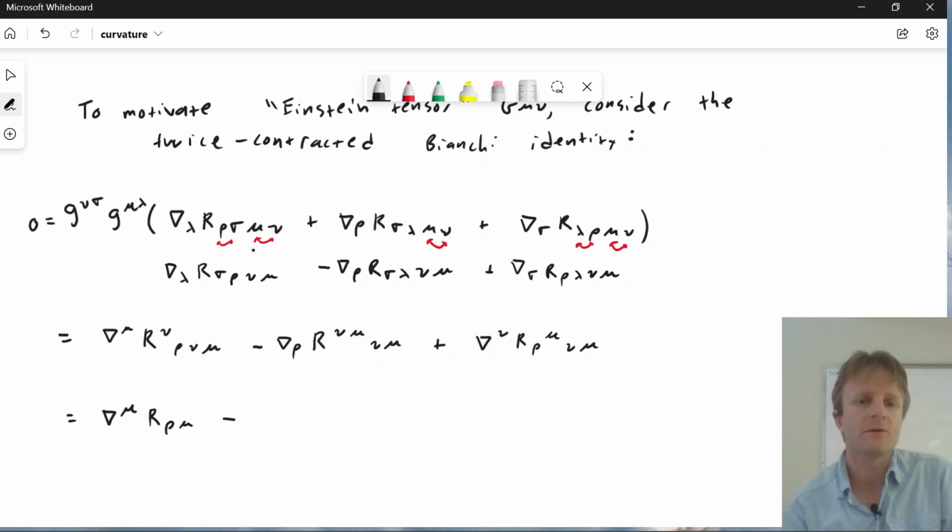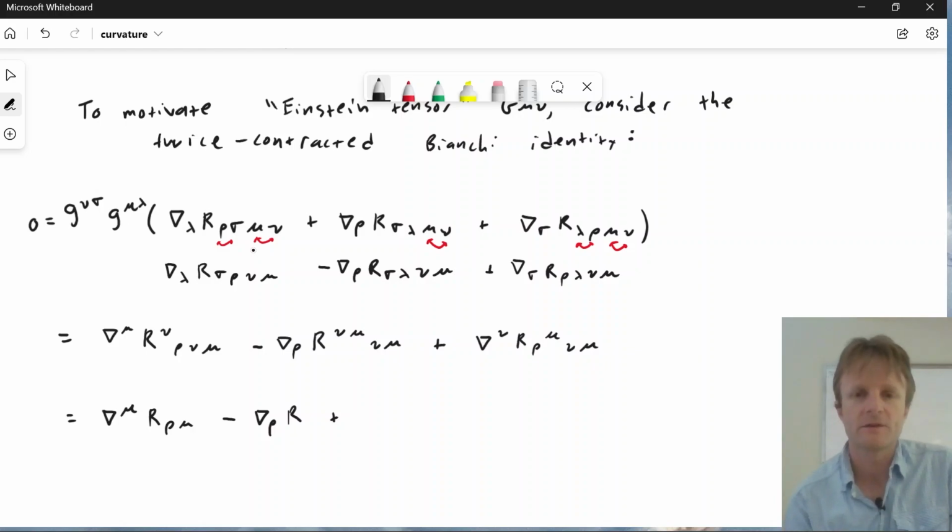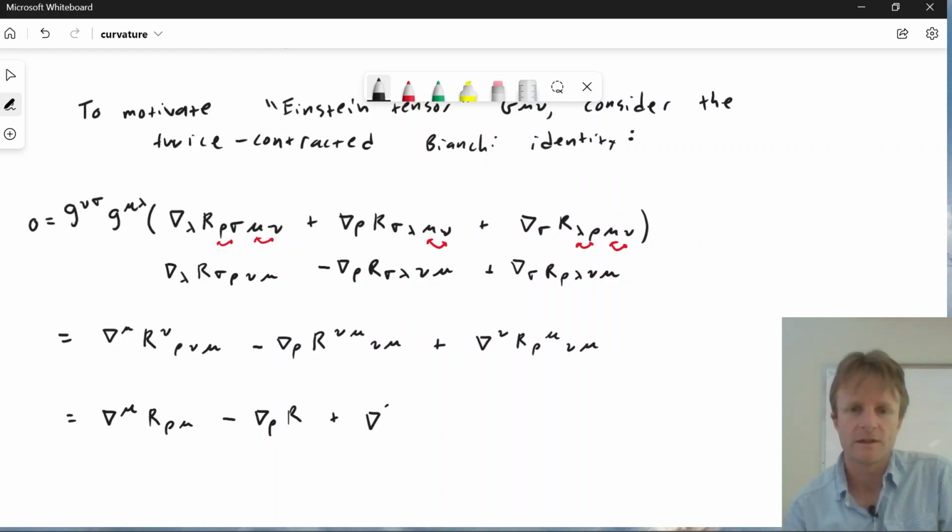We've contracted on both pairs, so that's just the Ricci scalar, del rho R. And the last term, I ended up on the second and fourth index. I could have been a little slicker if I had swapped these pairs or left it in the original form. But anyway, if you lower and raise and so forth, this is again the Ricci tensor. So that's del nu R rho nu.